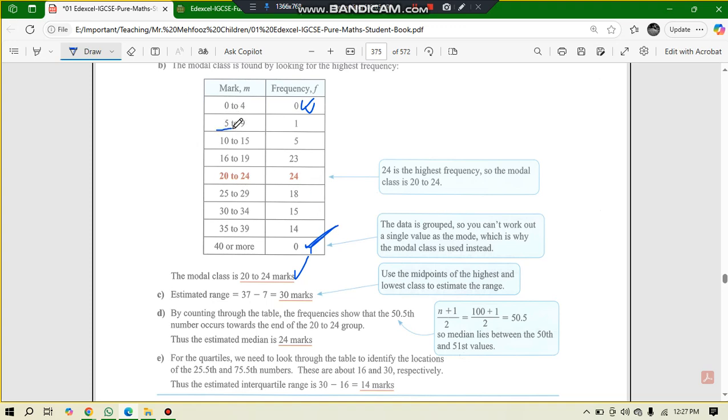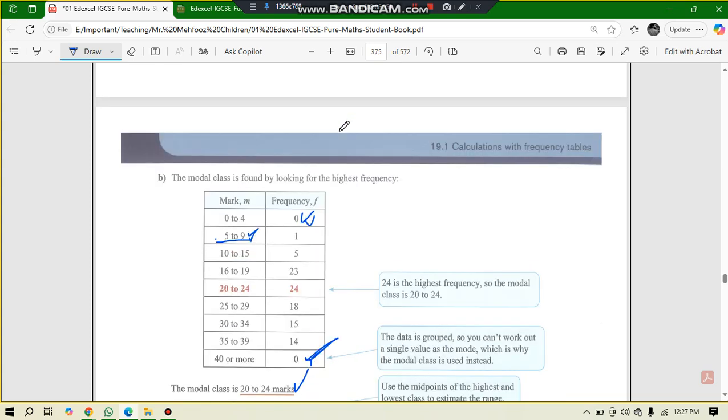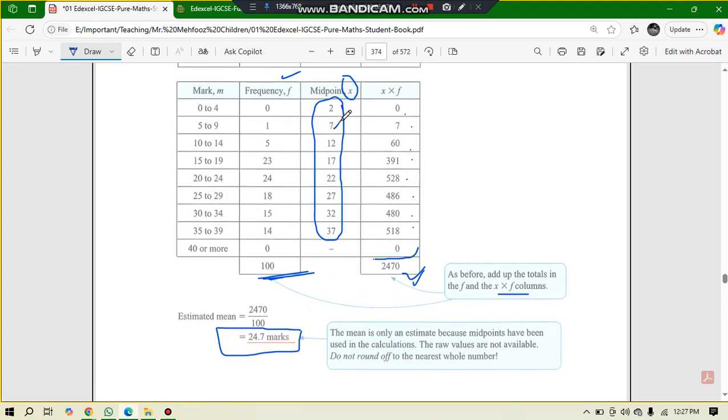We use this class, the lowest class with non-zero frequency, and its midpoint is 7. The last class has zero frequency, so we don't use it either. So the highest is that class, and its midpoint is 37.